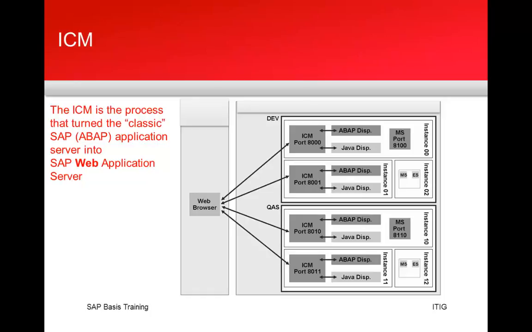Within a work process, the ICF process provides the environment for handling HTTP requests. ICF stands for Internet Communication Framework. We'll be covering ICF in our next topic, but for now, ICF provides the environment for handling HTTP requests.